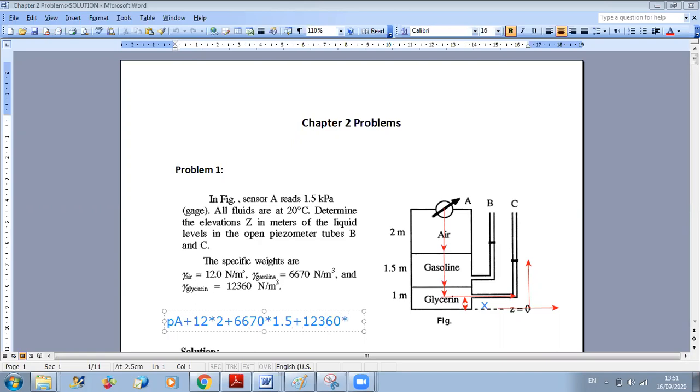Now times, I should pay attention to the depth. The depth here will be what? It's 1 minus x.